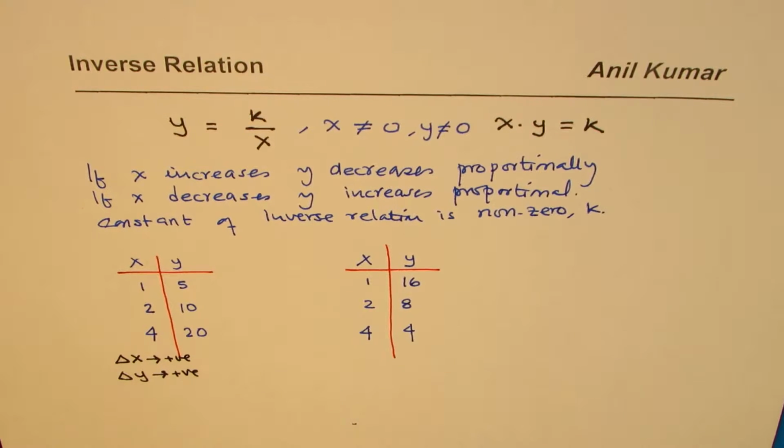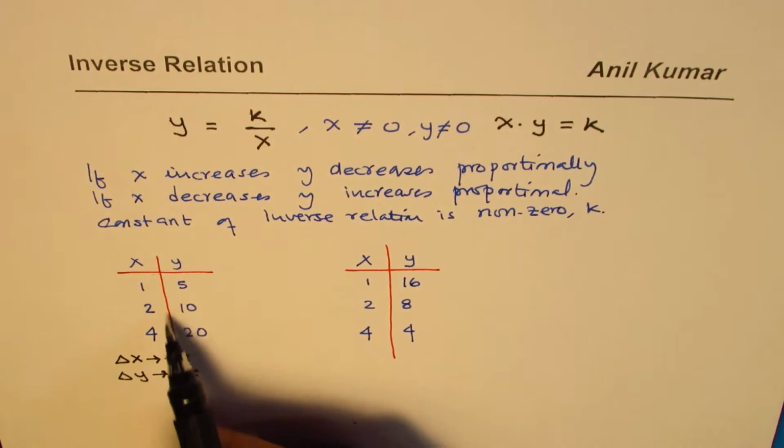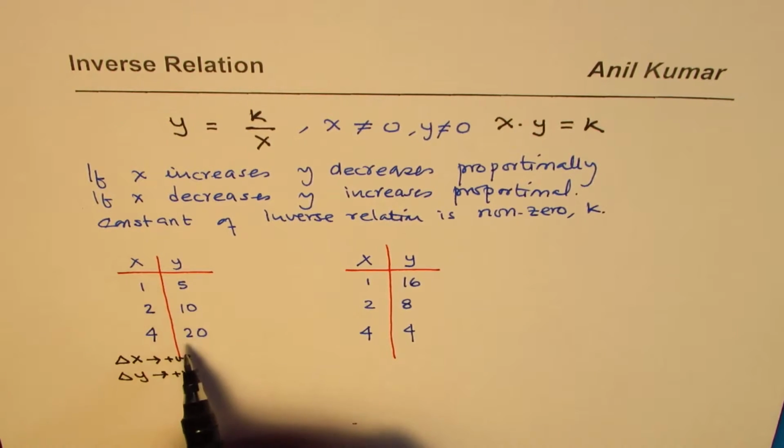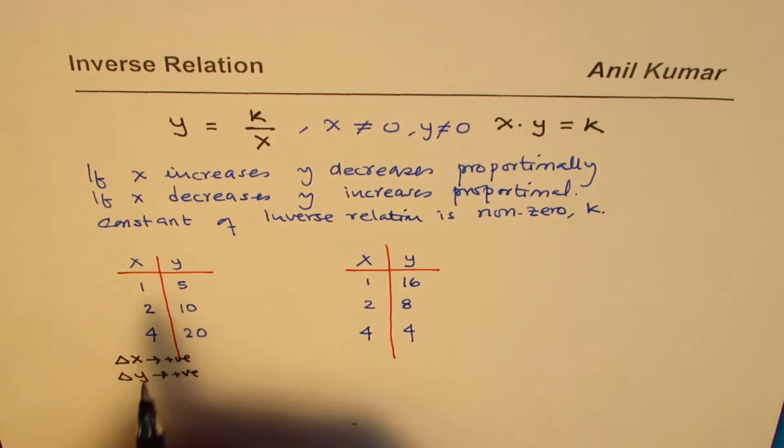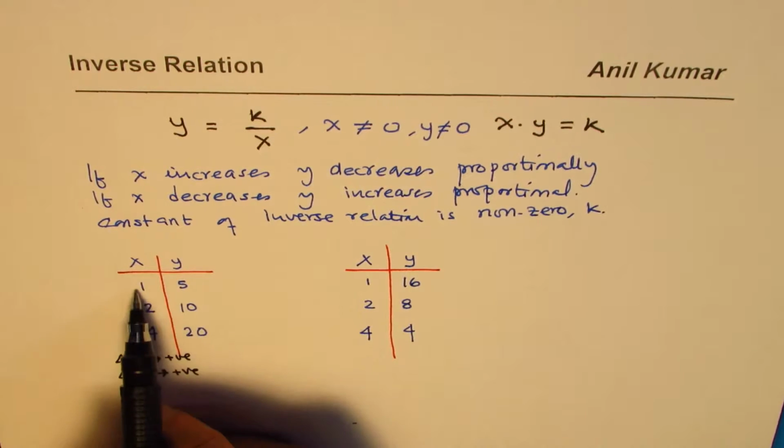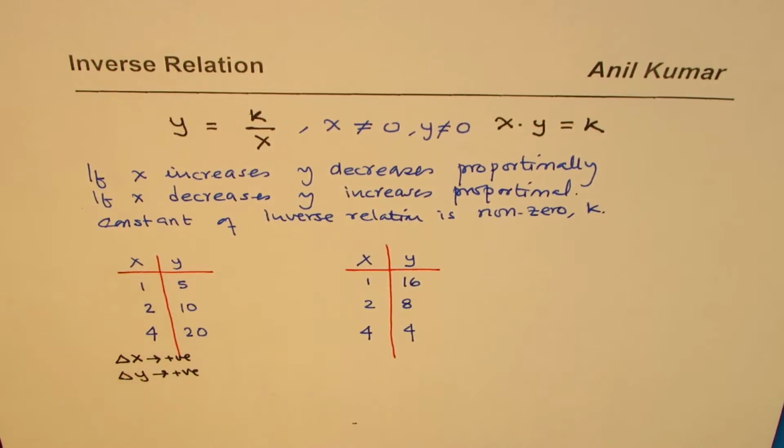So both increase or both decrease. Do you see that, right? So that is a kind of relation. Now, how do we find y from x? If I multiply by 5, we get the value of y. So we could write y as equal to 5 times x in this particular case.